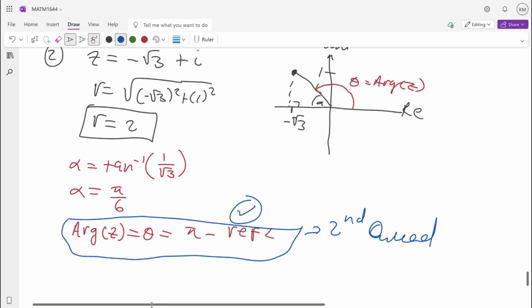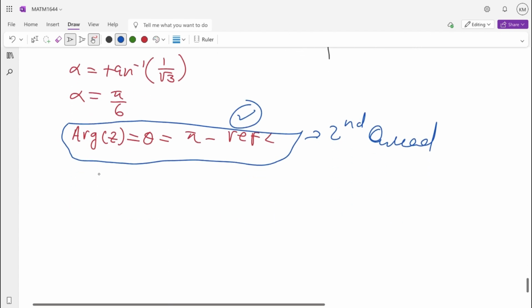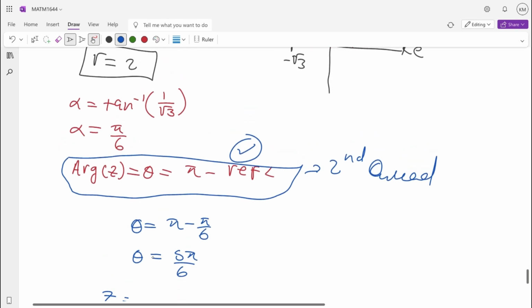Then it implies that theta will be equal to pi minus pi over 6. So if theta is pi minus pi over 6, we're just going to have 5 pi over 6. That is going to be our argument angle. Therefore, z will be, what was our r? We got r as 2.